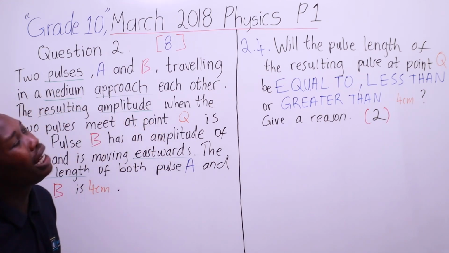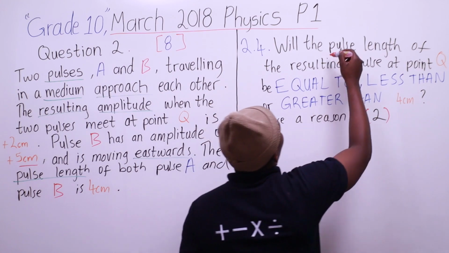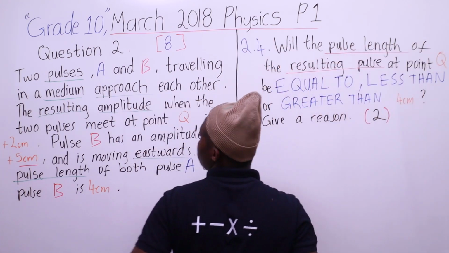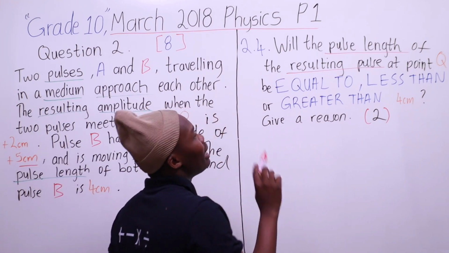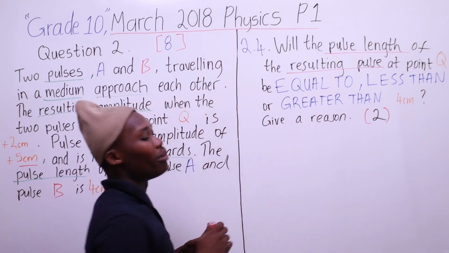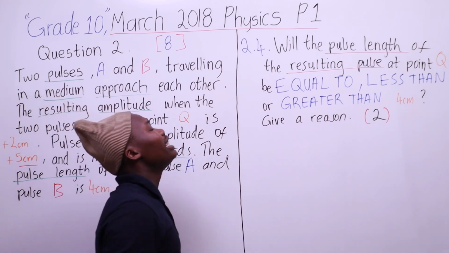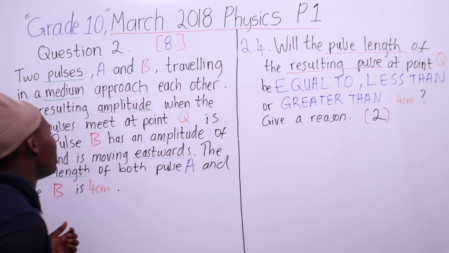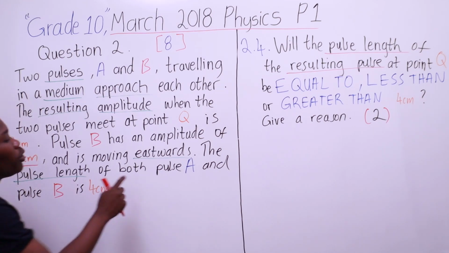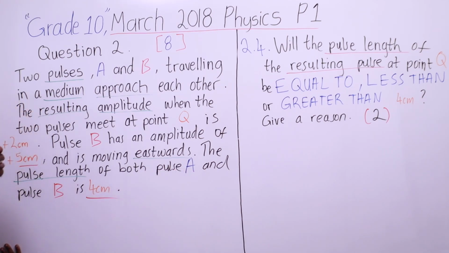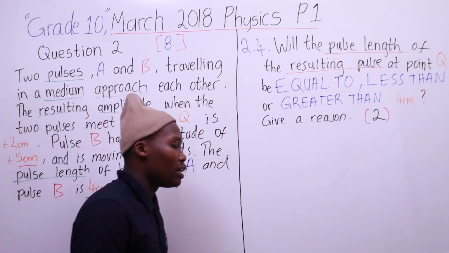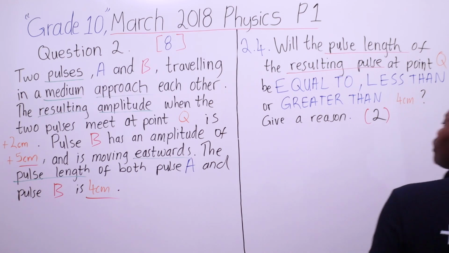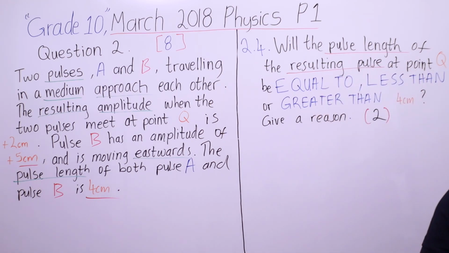They ask whether the pulse length of the resulting pulse, which means the 2 centimeters at point Q, where they meet, will be equal to, less than or greater than 4 centimeters. They told us that the pulse length of both pulse A and B is 4 centimeters. Yabo? What is pulse length? Let us remind ourselves by drawing a small pulse to demonstrate.